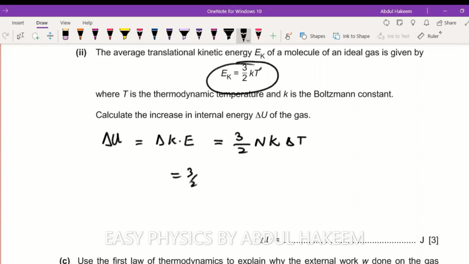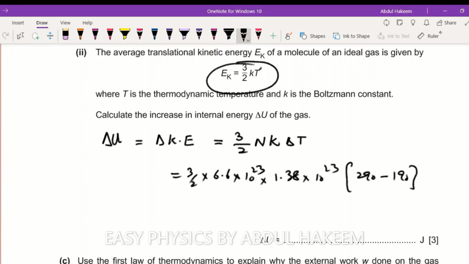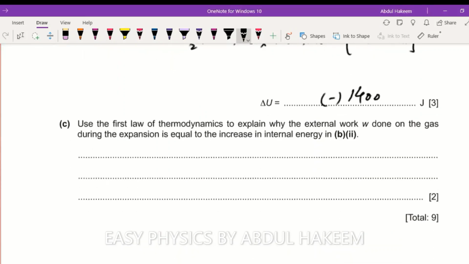So 3 by 2, the number is calculated 6.6 times 10 power 23, k the Boltzmann constant 1.38 times 10 power minus 23, and the change of temperature is 290 minus 190. The temperature is decreasing. So the answer is coming after the calculation, 1400. And this is the decrease in the internal energy because the temperature is decreasing.